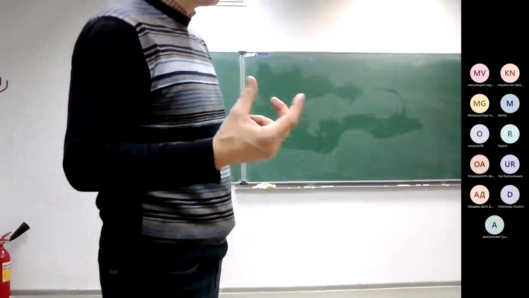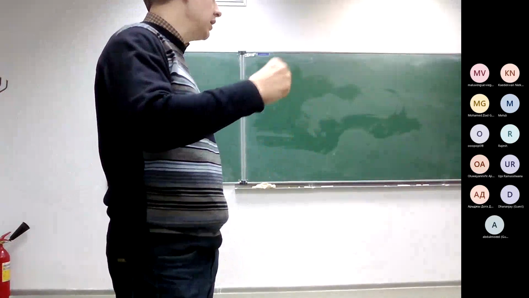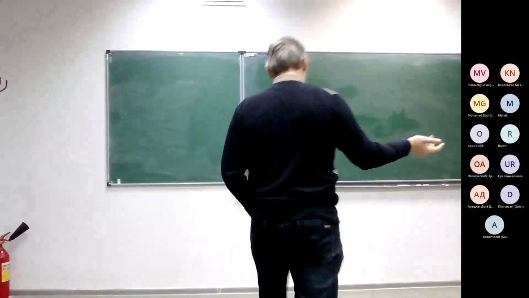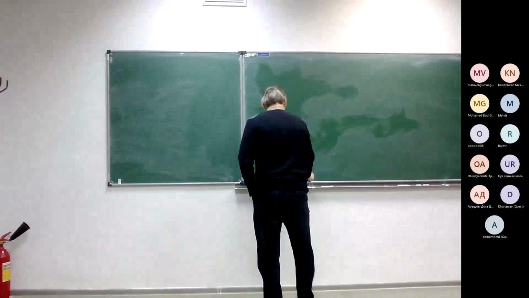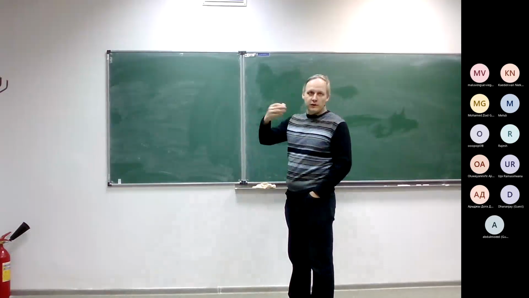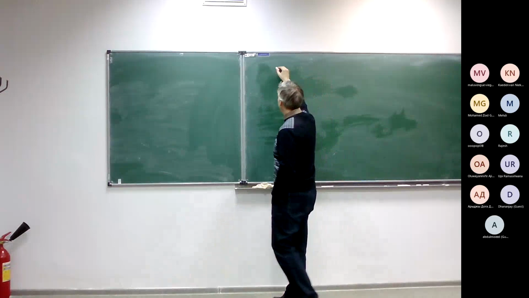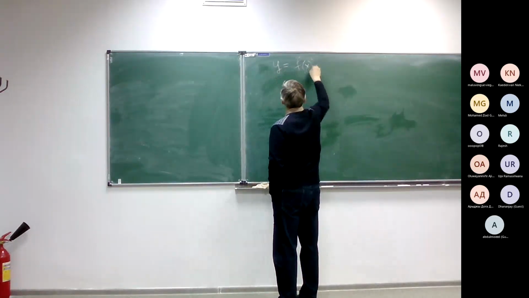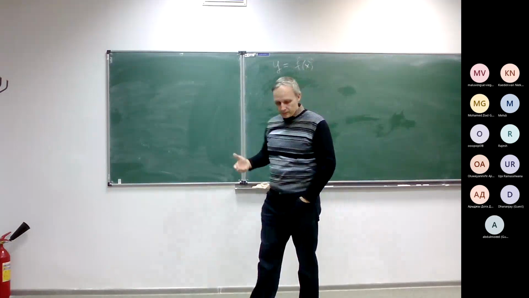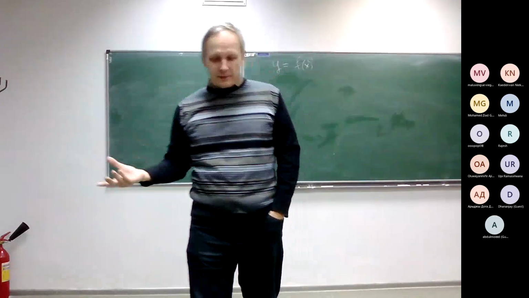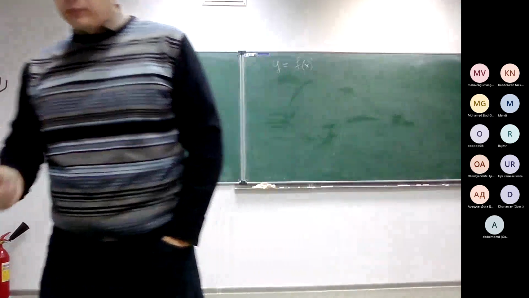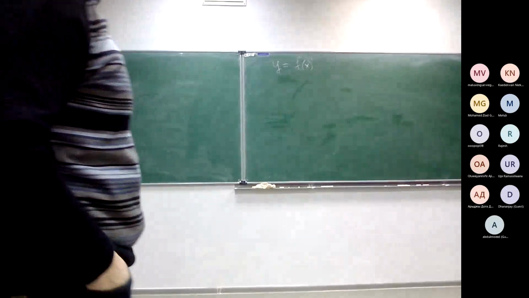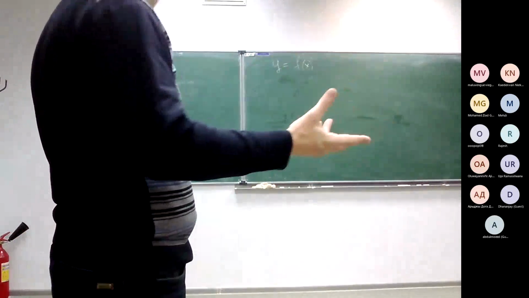We have one real number, x, and a rule, f of x, that converts it to another real number, so we have y equals f of x. So the rule f transforms x to y.